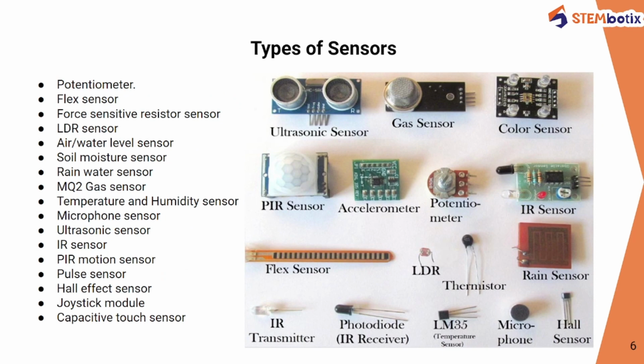These are the different types of sensors which are there in the market or which we use on a daily basis. For example, a potentiometer, flex sensor, force sensitive resistor sensor, LDR sensor, air or water level sensor, soil moisture sensor, rainwater sensor, MQ2 gas sensor, temperature and humidity sensor, microphone sensor, ultrasonic sensor, IR sensor, PIR motion sensor, pulse sensor, Hall effect sensor, joystick module, and capacitive touch sensor.